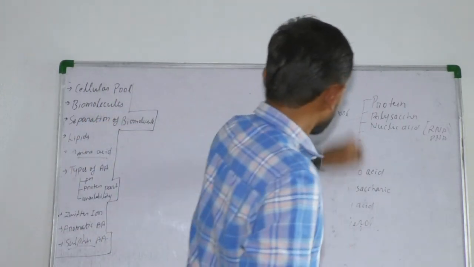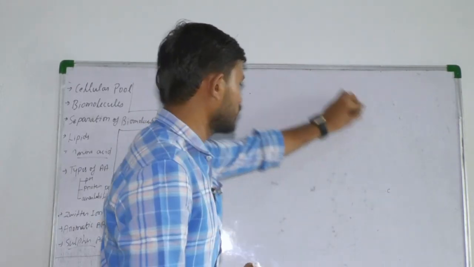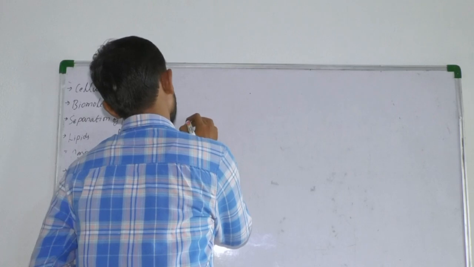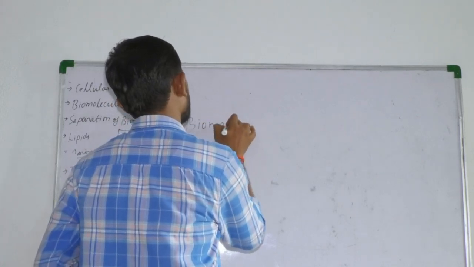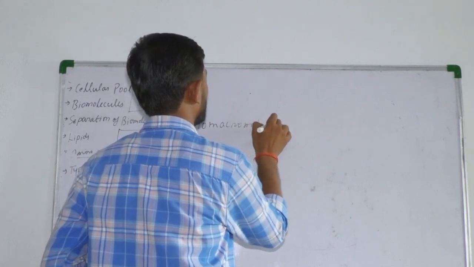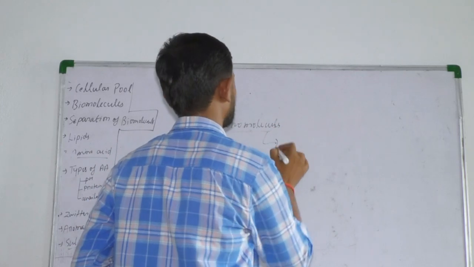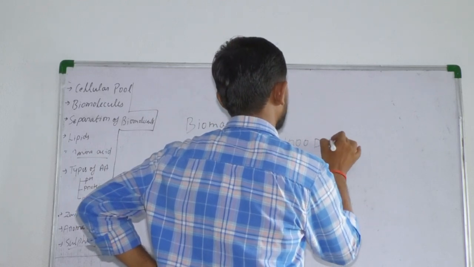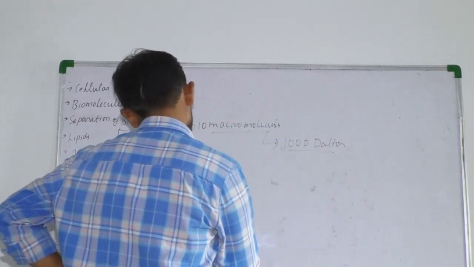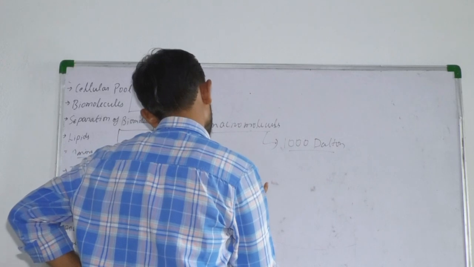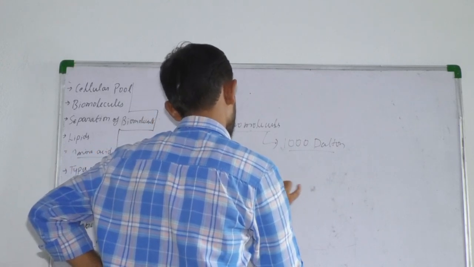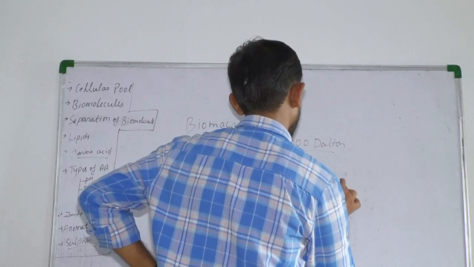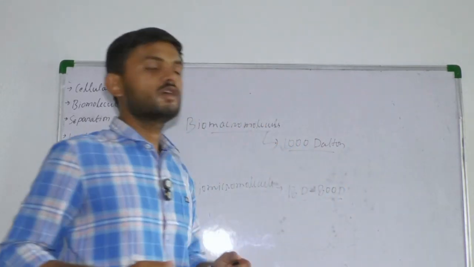Now we should know the molecular weight of the acid soluble pool and the acid insoluble pool, that is biomicromolecules and biomacromolecules. Biomacromolecules have a molecular weight above 1000 Dalton, and biomicromolecules have a molecular weight of 18 to 800 Dalton.